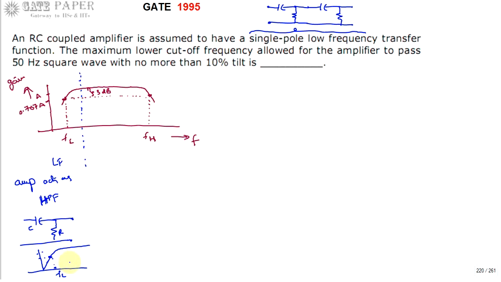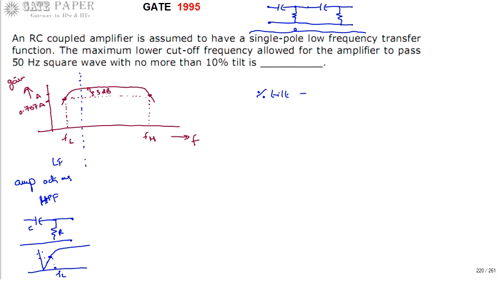So if it has to pass 50 Hz frequency with no more than 10% tilt, the percentage tilt at any frequency can be calculated like this.